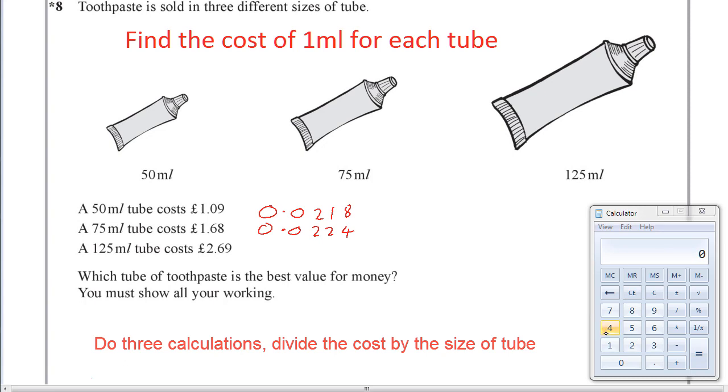And now the largest tube, 2.69 divided by 125. 0.02152. And these figures represent pounds per milliliter. This one is the cheapest.